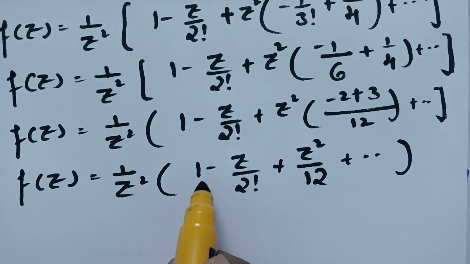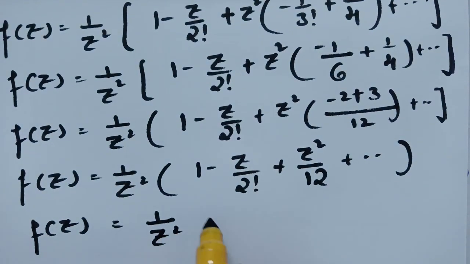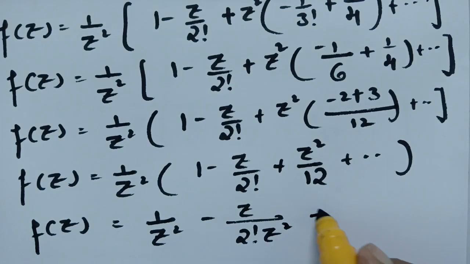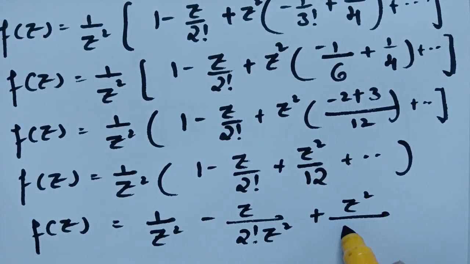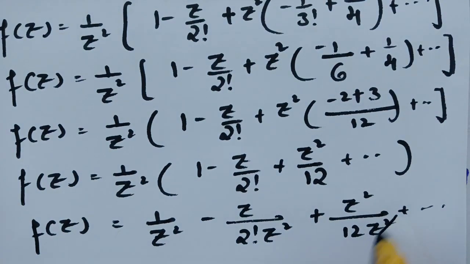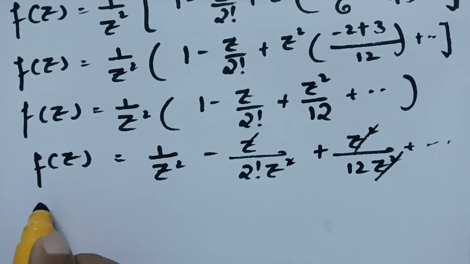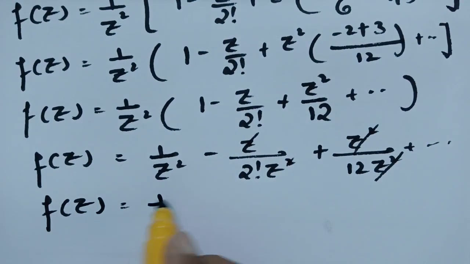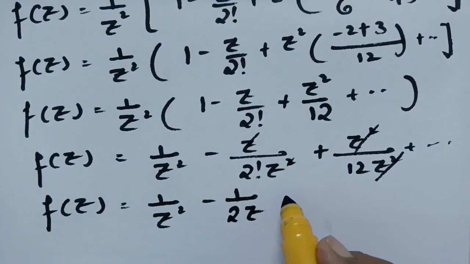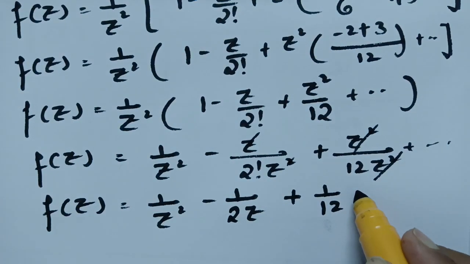Now if I send z square inside, f of z is equal to 1 by z square minus z by 2 factorial into z square plus z square by 12 into z square plus and so on. So if I cancel this one time, our f of z value is equal to 1 by z square minus 1 by 2z plus 1 by 12 and so on.